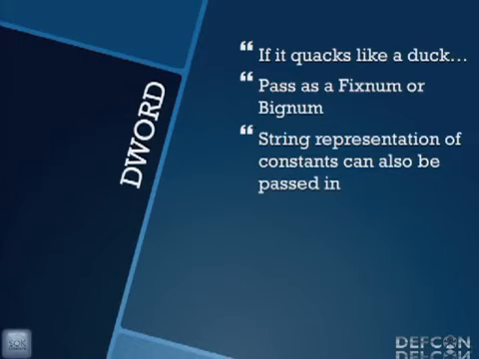Ruby doesn't understand the idea of a function pointer or a handle, right? But in reality, all it is is a number. So we just treat it like a number. So from the Ruby side, for a DWORD parameter, we just pass in a Fixnum or a Bignum. Or if it's one of those defined constants, we can actually pass in a string representation of that constant and it will interpret it for us.